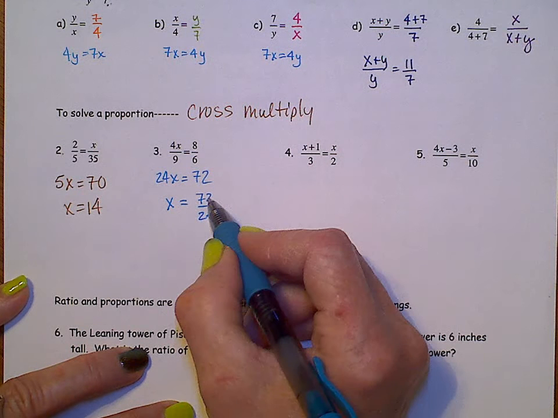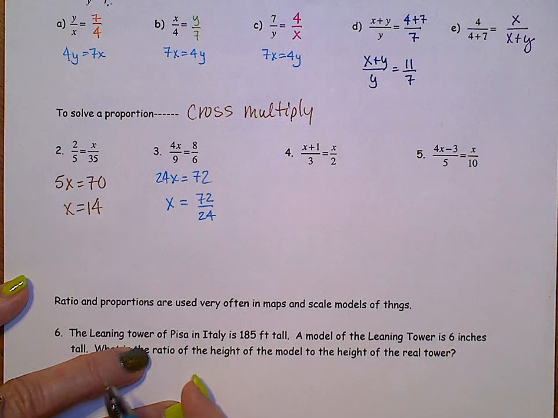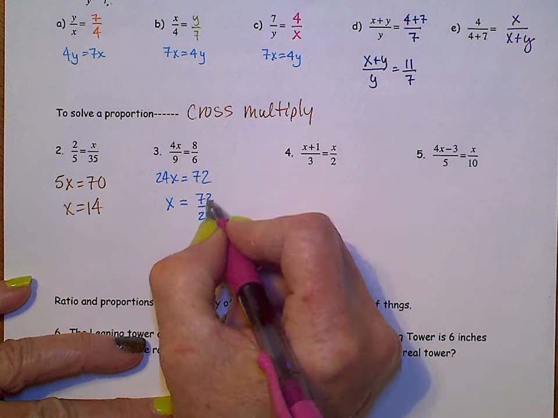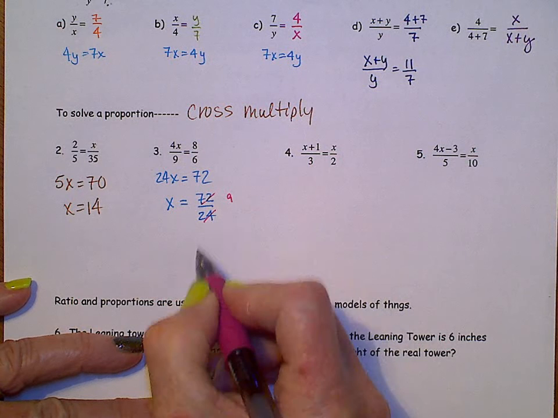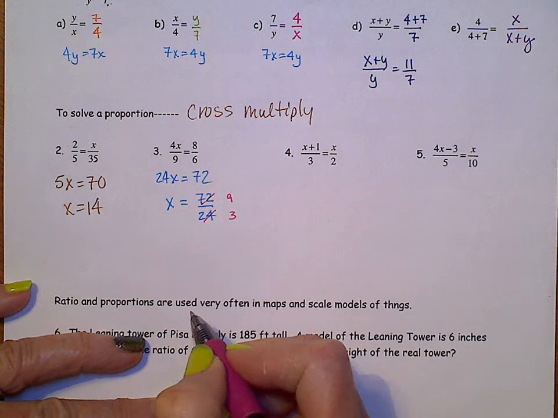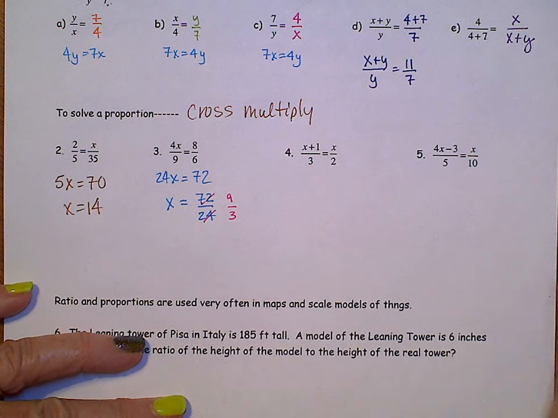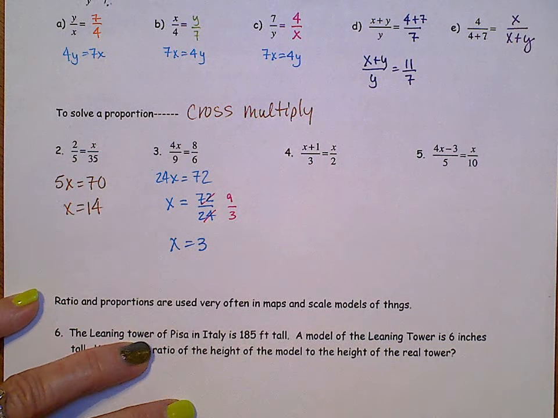Now see if you can find something that goes into 24 and 72. How about 8? We could divide this 72 by 8, which makes that a 9. Divide this 24 by 8, which makes this a 3. So now we're looking at 9 over 3, and you should know that one. That is 3.